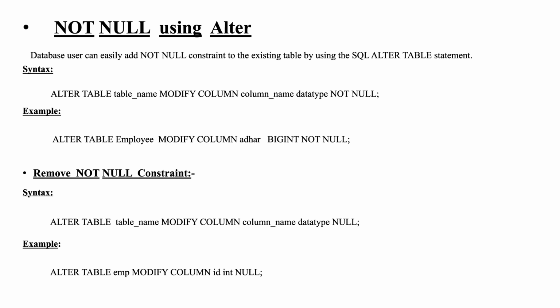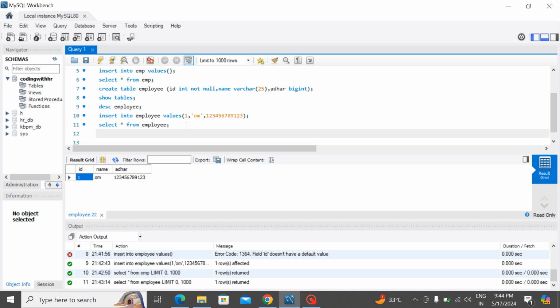Okay, let's implement it practically. In the employee table we have already applied a not null constraint on id, so now we apply a not null constraint on the Aadhaar column by using the alter command. Why? Because we already have the employee table.